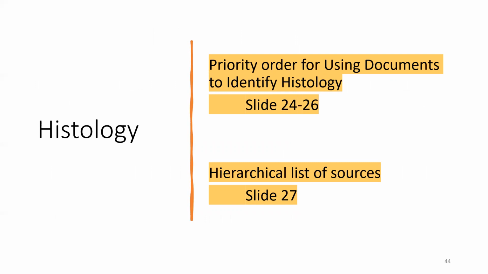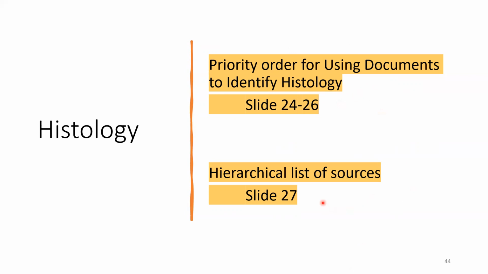Now that we've determined how many primaries or how many abstracts we have, now move on to the histology rules to see how to correctly code the histology either in a mixed tumor or multiple tumors abstracted as one. So we did talk about the priority order for documents to identify histology, and we did talk about the hierarchical list of sources.